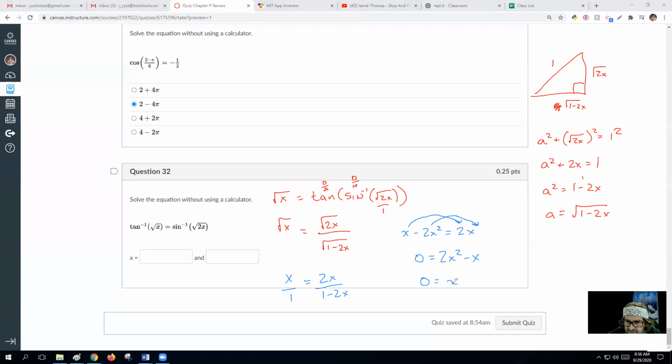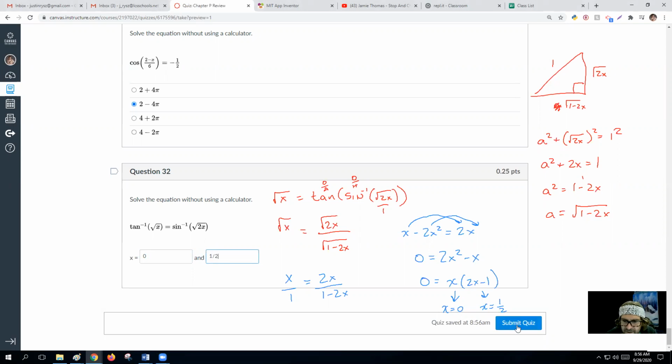And I can factor out an x from both sides, and this becomes a 2x minus 1. And we're going to set those both equal to 0. So when does x equal 0? When that's x equals 0. And when does 2x minus 1 equal 0? And that's when x would equal a positive 1/2. So we do have two answers here of 0 and 1/2.